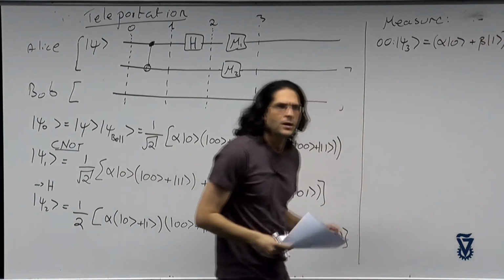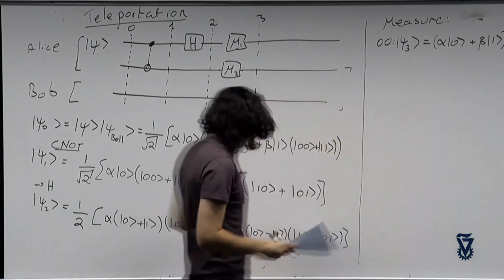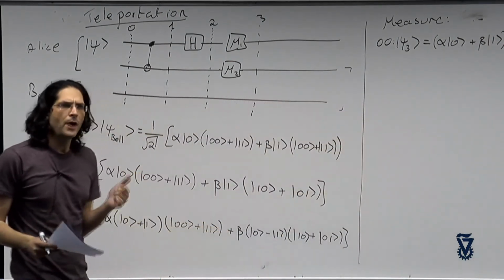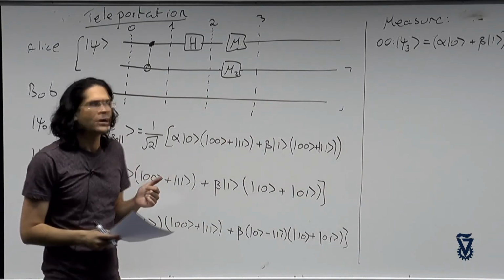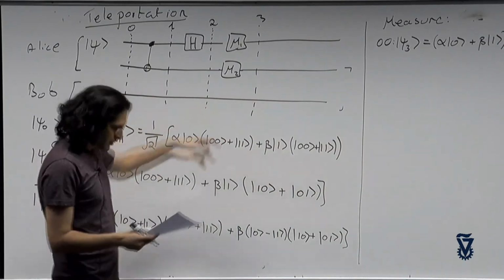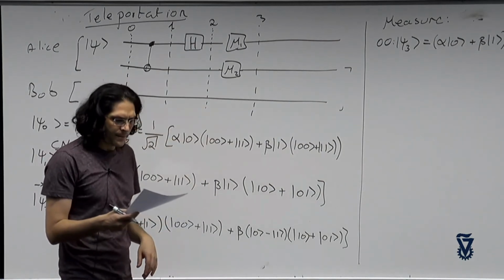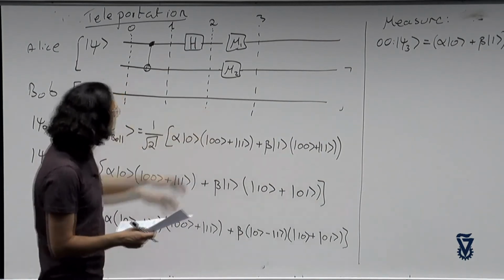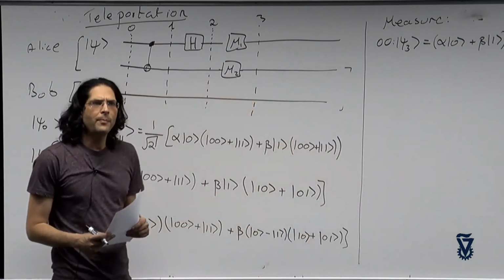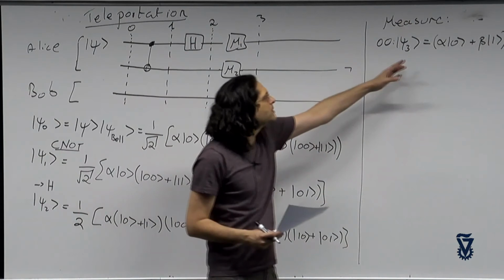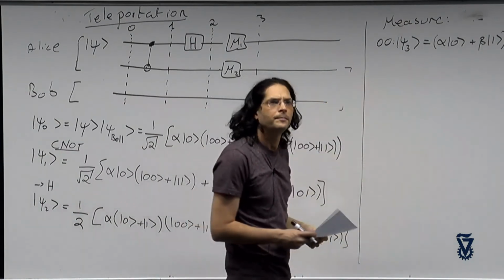Okay? So if Alice gets 0, 0, she just calls up Bob and says, well, you don't need to do anything. Basically, your side of the Bell pair equals now the original psi.